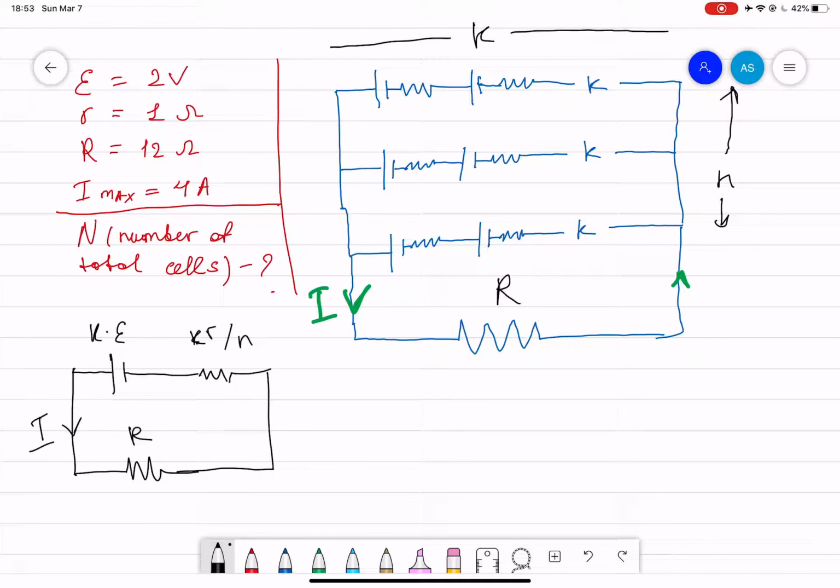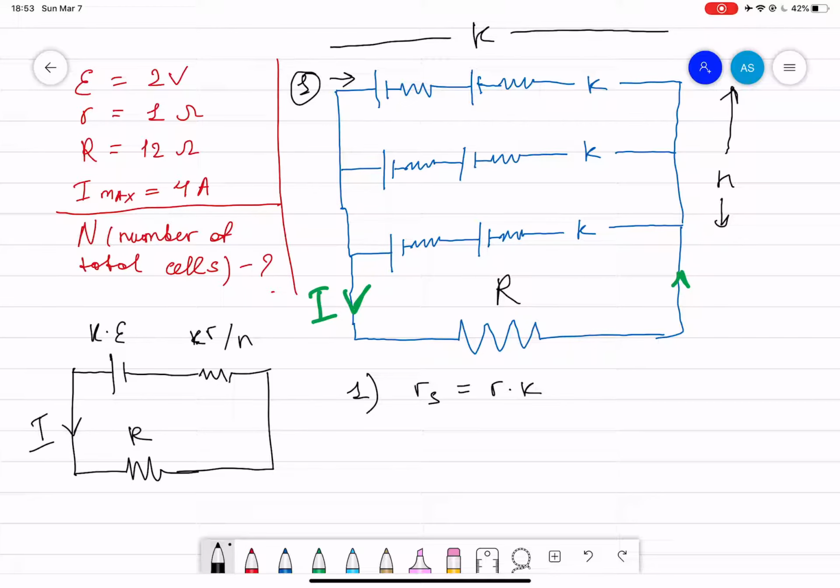First of all, let's find how I got the total internal resistance, which is equal to Kr divided by the number of rows. The first case is let's look at just this side, where we have resistors connected in series. That means R in series is equal to each small r multiplied by the number of K's, the number of internal resistances.